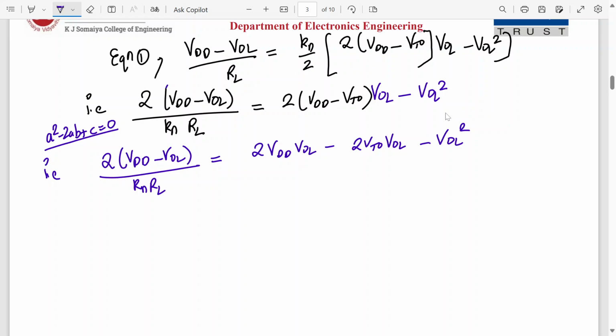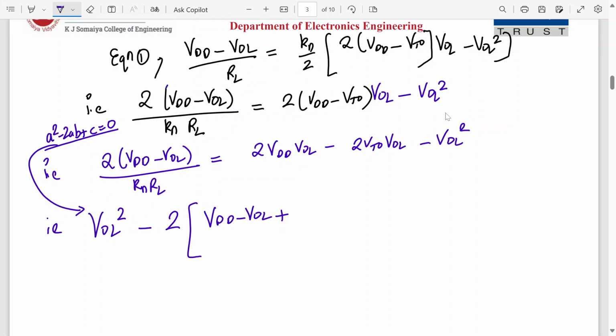Okay, so we can rearrange this as VOL square, a square minus 2ab plus b square. So here we can take 2 common. It will be VDD minus VOL plus, now this term if you take it over here, this comes to multiply Kn into RL. So we can say plus VDD minus VOL term will come in common over there. VDD minus VOL it should be, right?